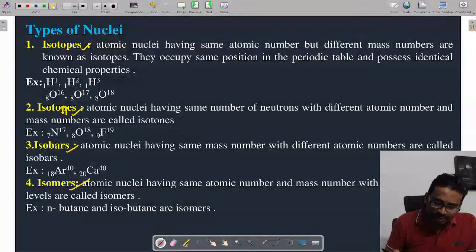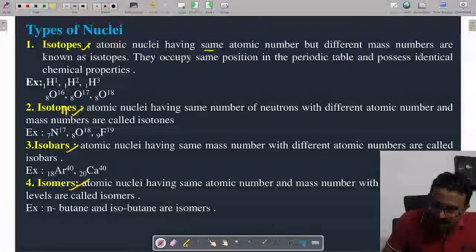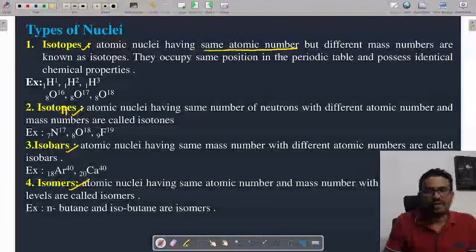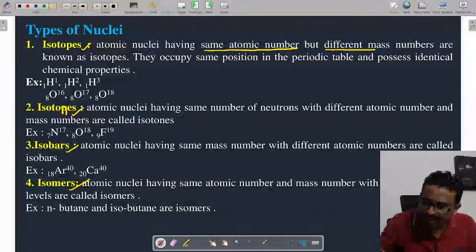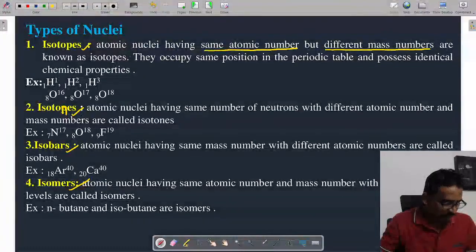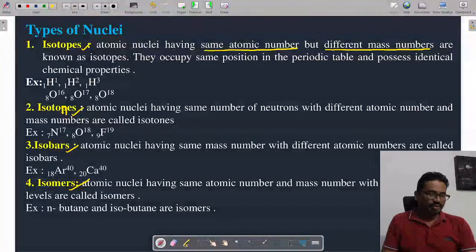What do isotopes mean? Atomic nuclei having the same atomic number but different mass numbers are called isotopes.